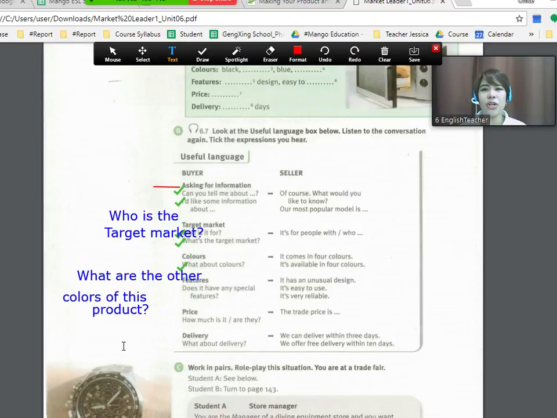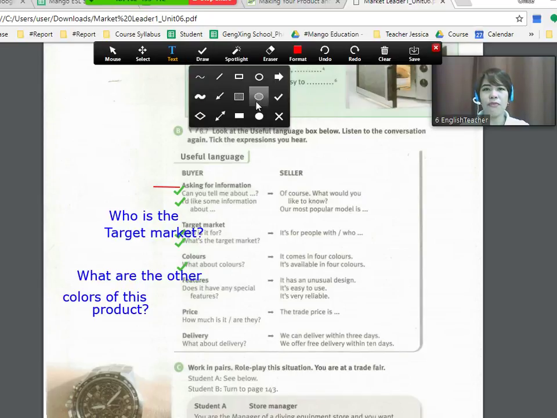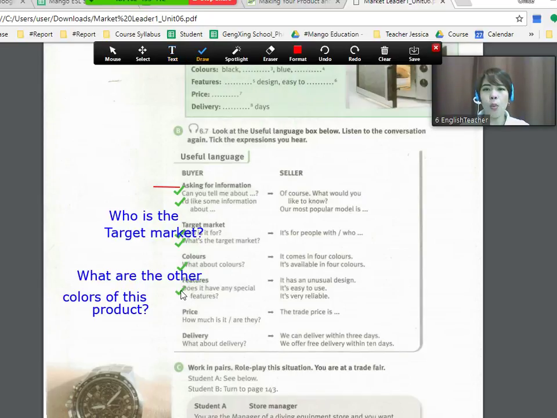Okay, now let's try to go to useful language for buyers and let's try to talk about features. Features are the specifications, or what is something special about this product. So usually if a buyer will ask you, the question should go as, does it have any special features?